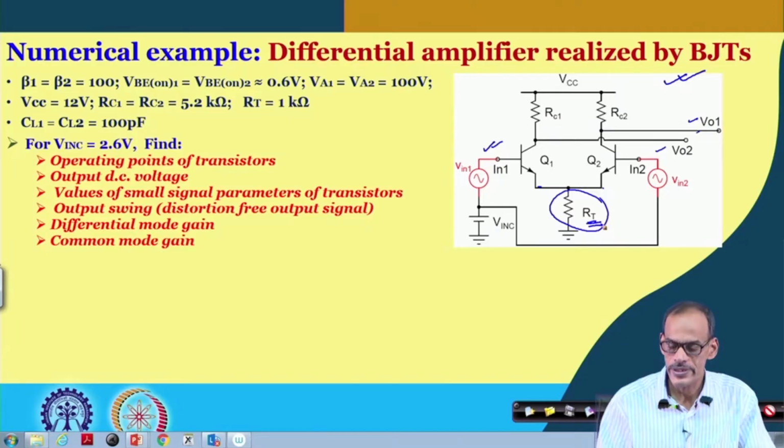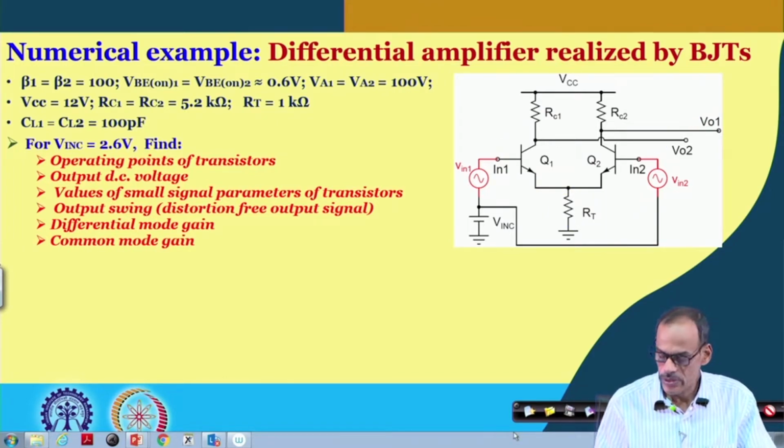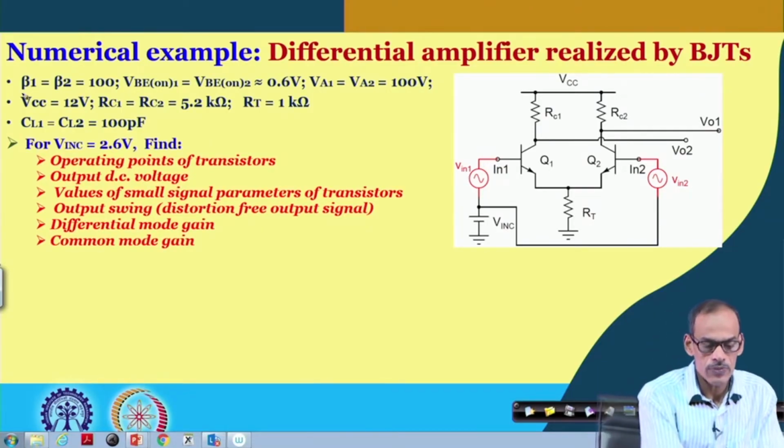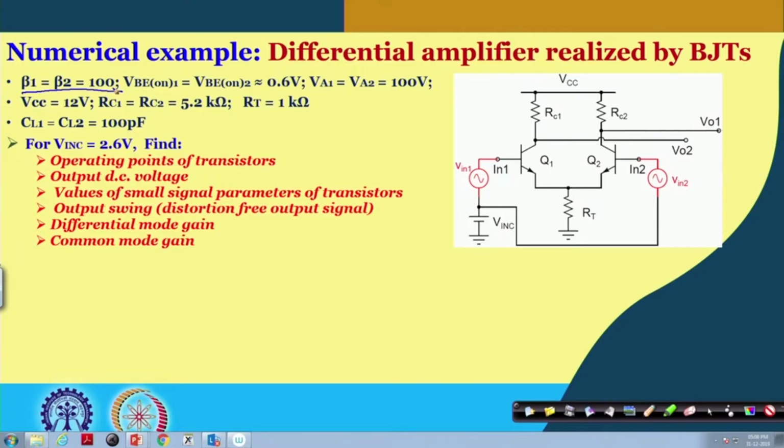In our discussion now, most of the time we will be using the tail resistor connected together. Here we have the device parameters: for the BJTs we have beta. In this case beta may not be of much use, but for completeness we are keeping the parameter. VBE on of both transistors is 0.6.